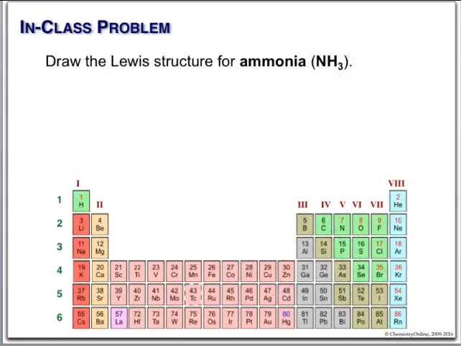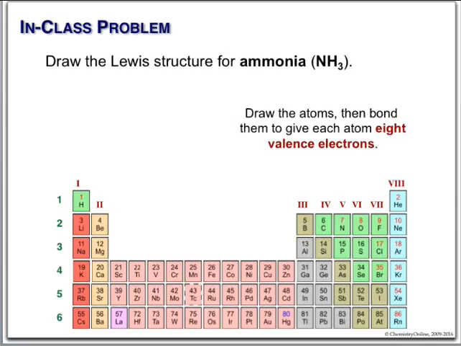Well, let's go ahead and build a molecule. Ammonia. Ammonia is NH3. 1 nitrogen, 3 hydrogens. Nitrogen is in the middle, and is surrounded by our hydrogens.